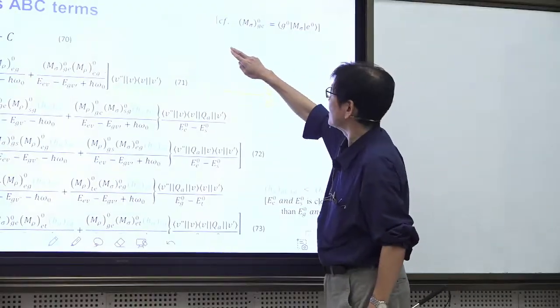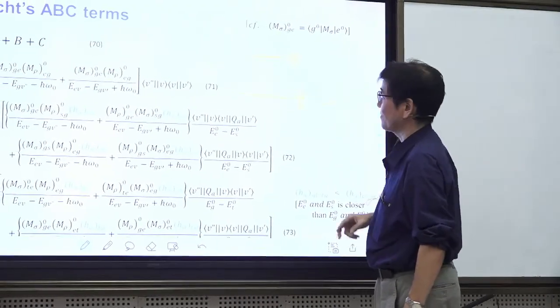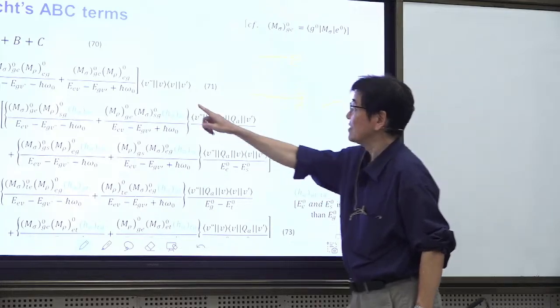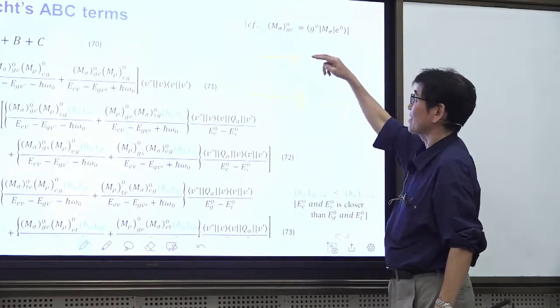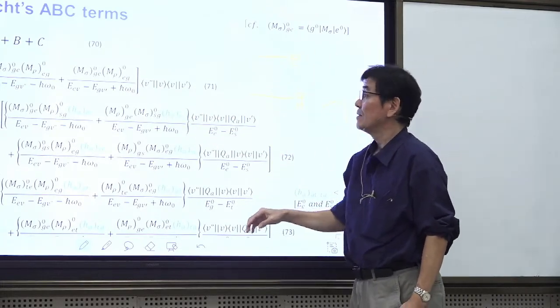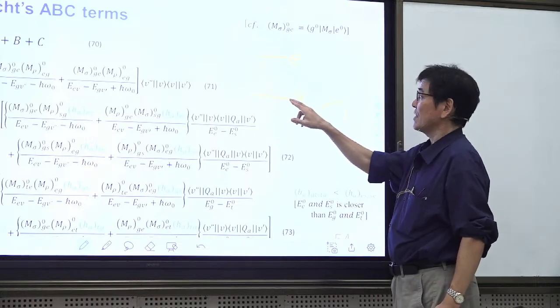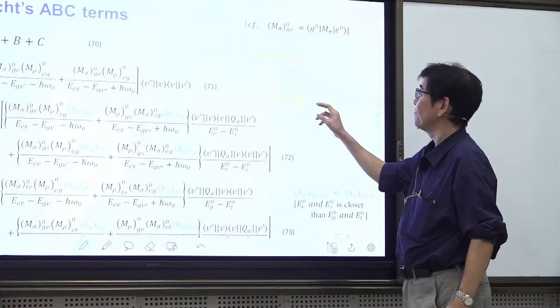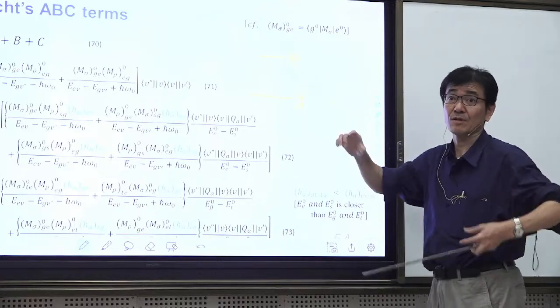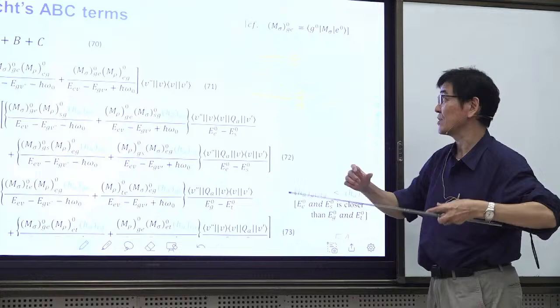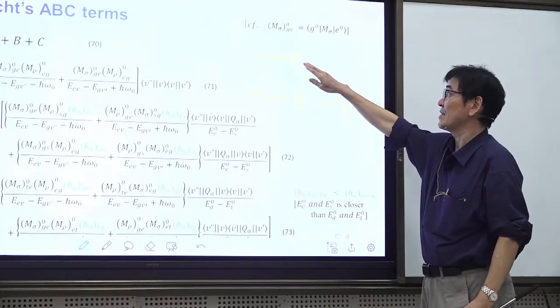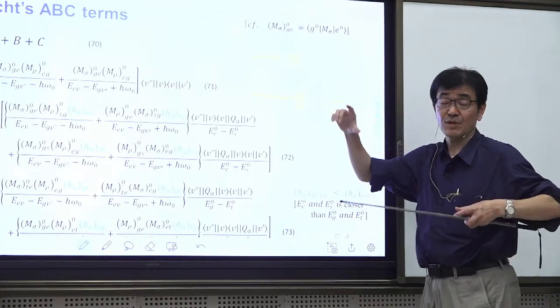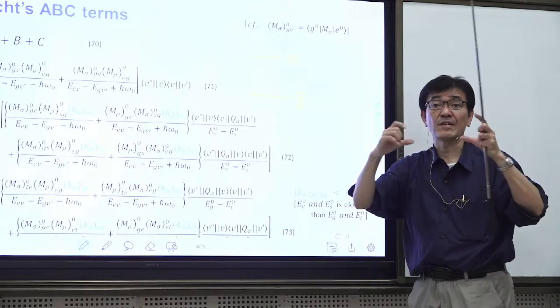Okay, so this is a ground state, and this is an excited state. G and E correspond to ground and excited. The ground state cannot be a pure ground state because of the mixing of the wave functions.